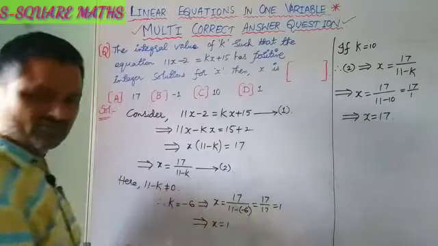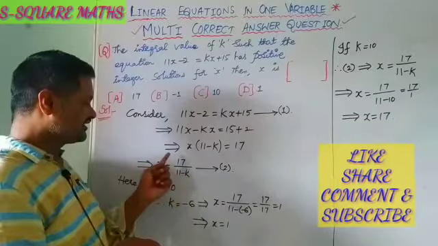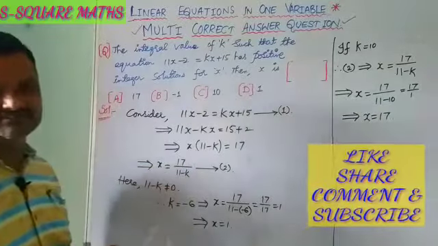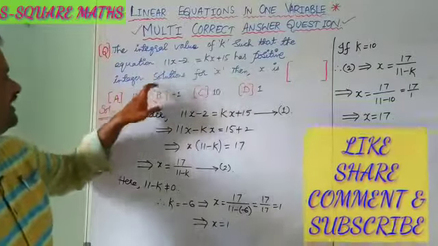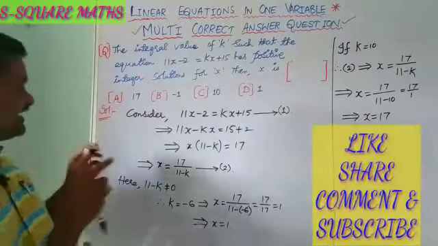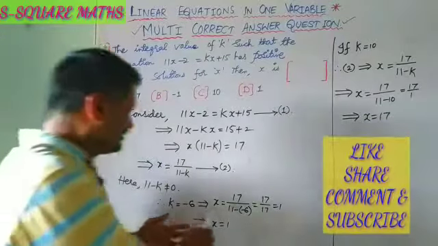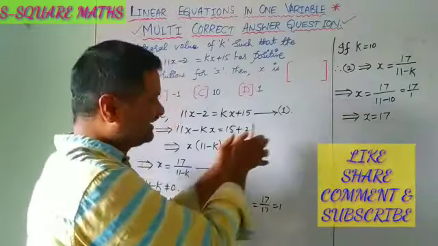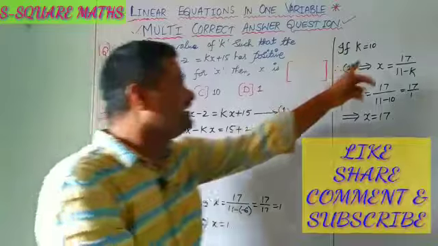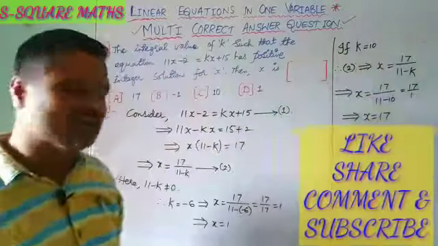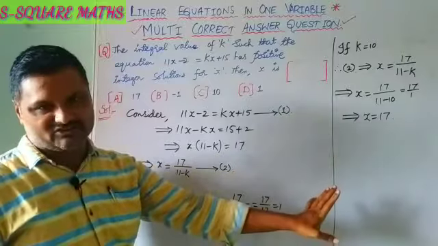Think about more values. Suppose k is 0, then 17 by 11 is a fraction, but our x value must be a positive integer solution. By trial and error, for whatever k values you consider other than minus 6 and 10, you are not going to get x values other than 1 and 17 respectively.